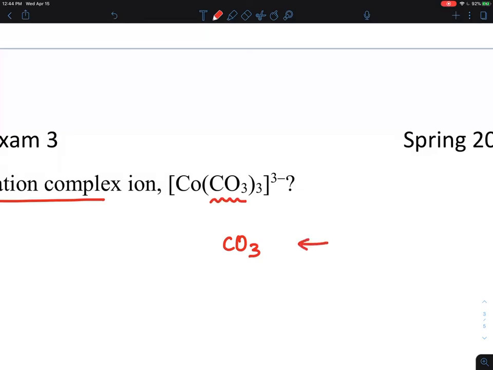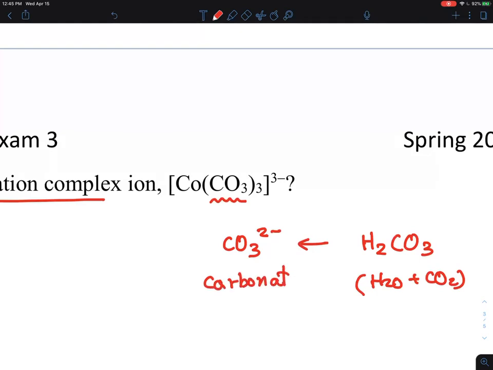If you remember one of the labs, we talked about carbonic acid becoming the carbonate ion. So as you can imagine, this one is 2 minus. If you mix H2O plus CO2, you make carbonic acid, and when you lose 2 protons, you make the carbonate ion.